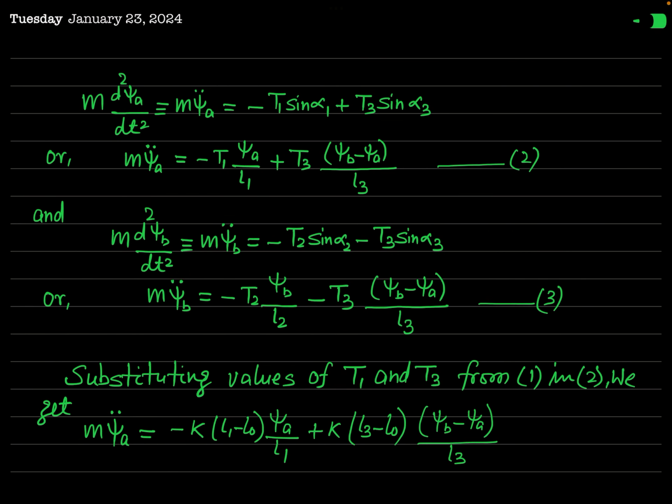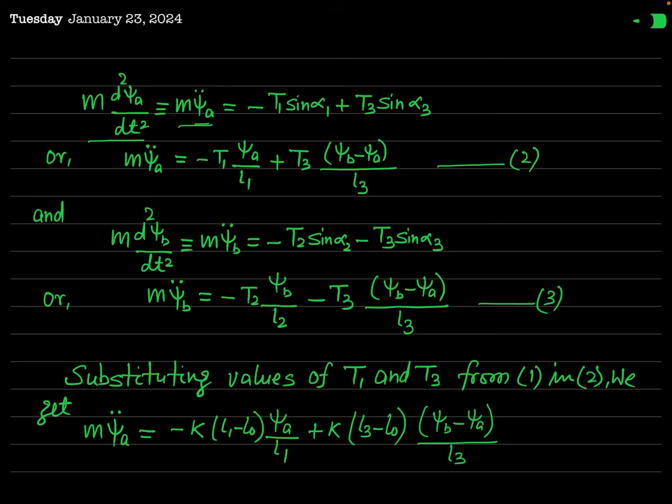This restoring force will be simply equal to the mass times the acceleration of the moving part. So if you want to write down the equation of motion of mass A, what will that be? The mass of A is m and its acceleration at any moment t will be d2 psi A by dt square, because psi A is its displacement at any moment t. And d2 psi A by dt square in dot symbol is written as psi A double dot. So equivalently you can write m times psi A double dot.